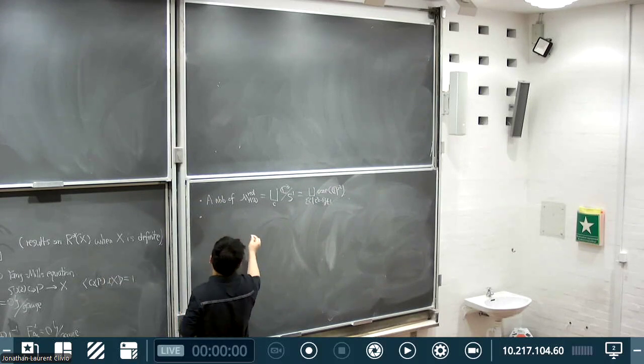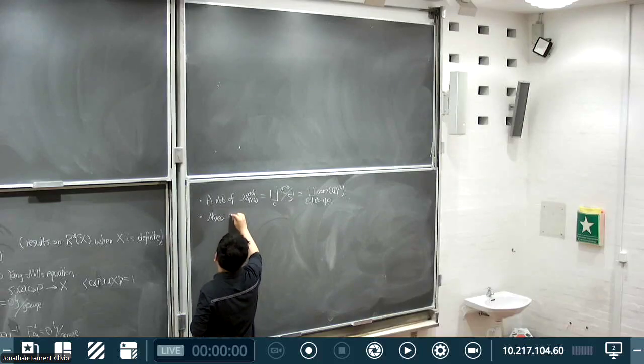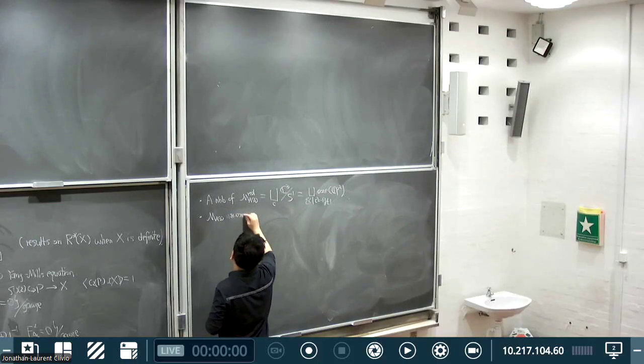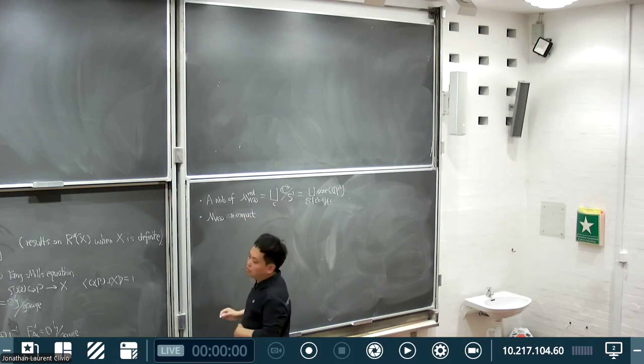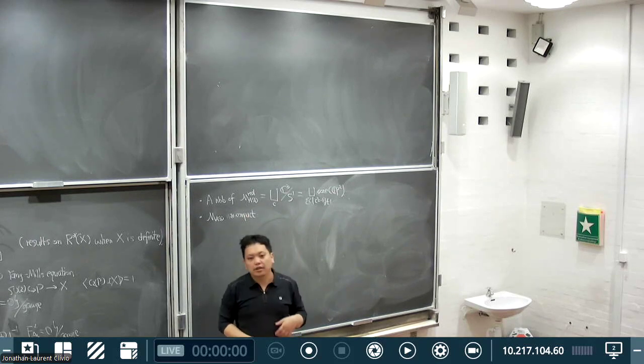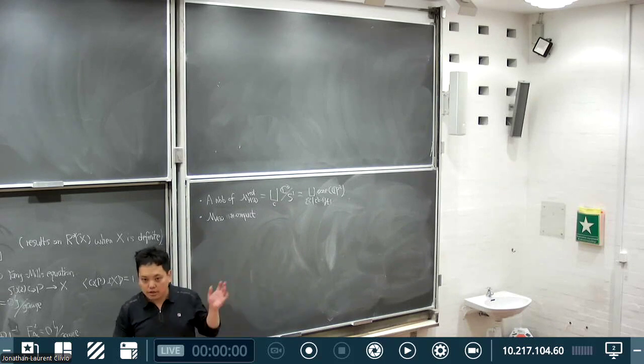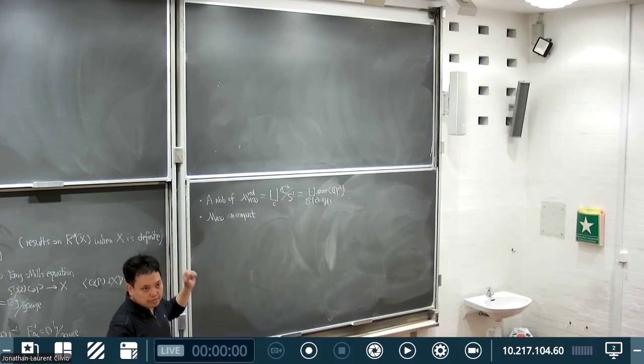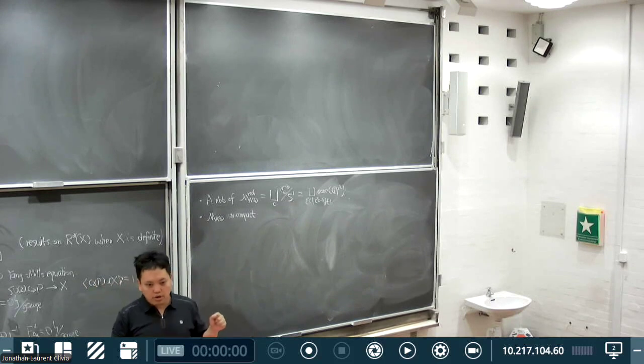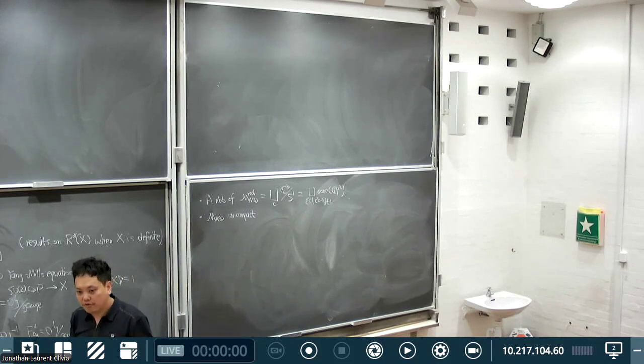Another feature is that M reducible is compact, whereas this is non-compact. Okay. Unlike the Seiberg-Witten equation, this Yang-Mills equation moduli space is non-compact because of the bubbling phenomenon.